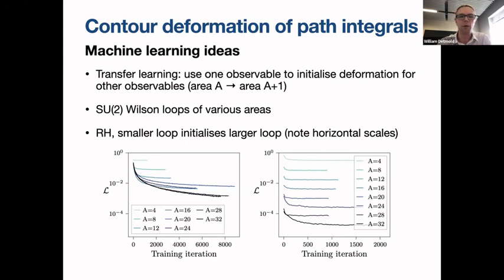So you can see that we get to a lower loss in almost all cases. And you should note that the horizontal scale is a factor of 4 smaller on the right. So we're getting to that point much quicker. So transfer learning here has been very effective in making this project work.